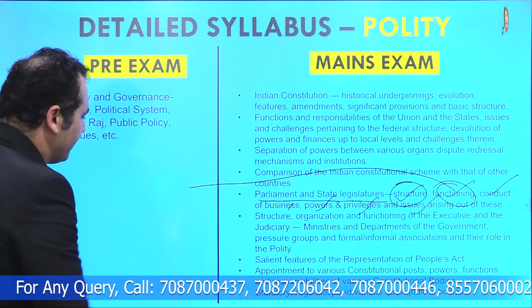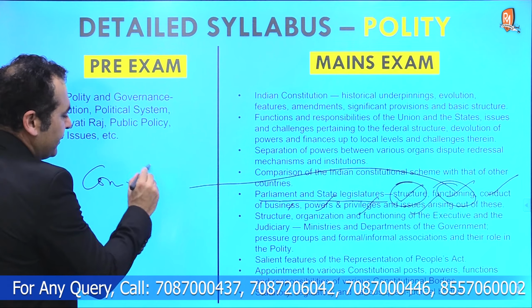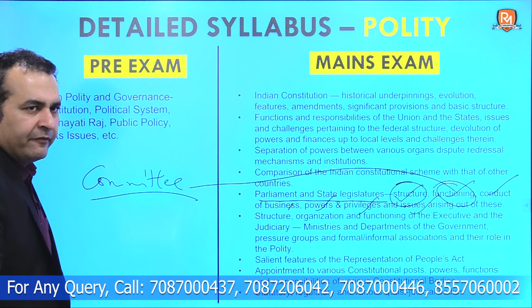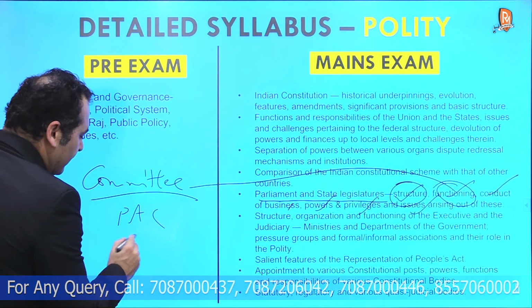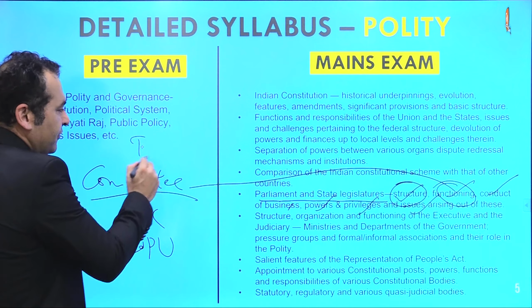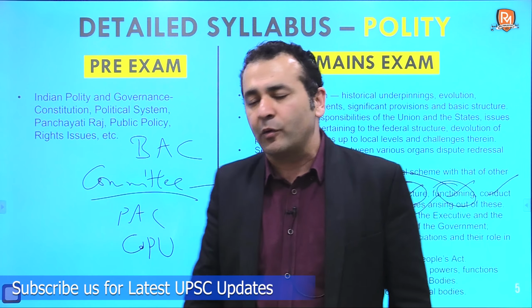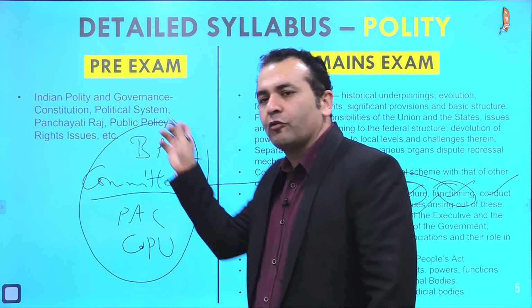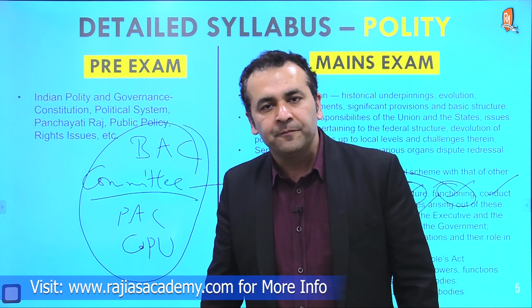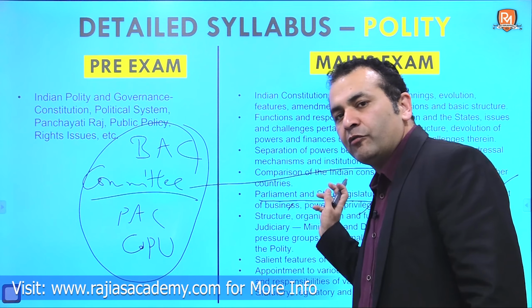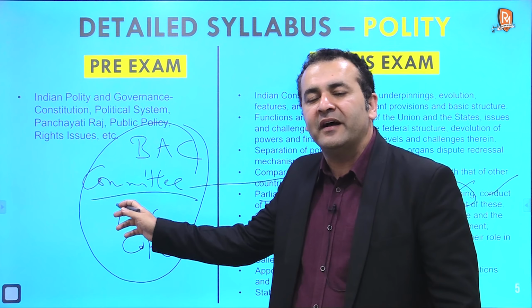While studying the functioning of parliament, I will read about the committee system, right? I will read about PAC, COPU and whatnot, BAC, the Business Advisory Committee. And then in the pre they may end up asking a question: which of the following committees is called the watchdog of public finances? So it is only out of mains that you understand what can be asked in pre.